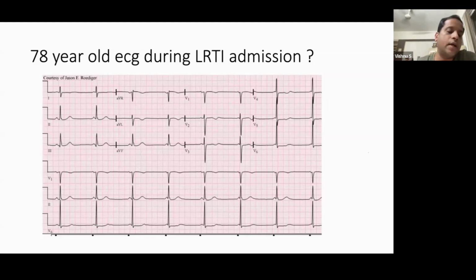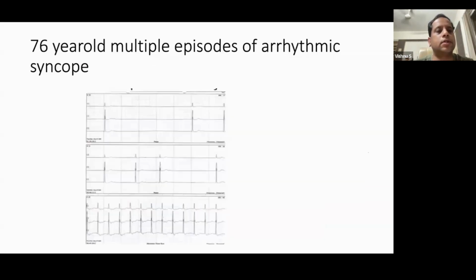So it's a form of AV dissociation, and atria and ventricles both are the same number. This is isorhythmic AV dissociation, usually seen in older people with a high vagal tone, and they have a possibility of sick sinus syndrome also.